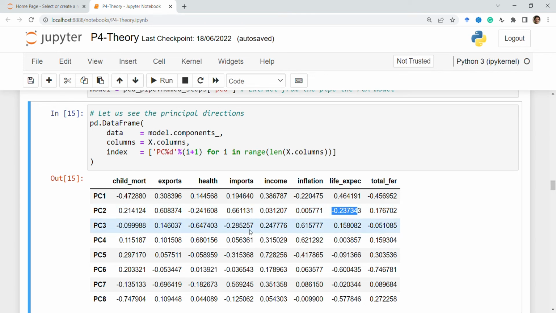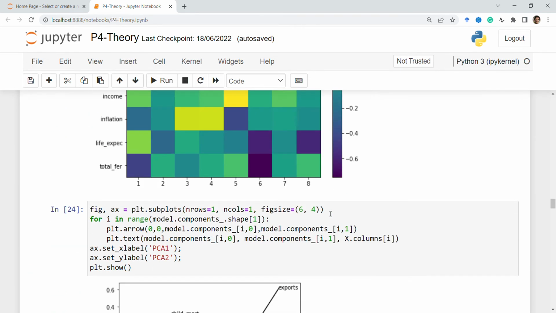And then that is to project high. To project low, you need low exports, low imports, and then on the other side, high health and high life expectancy. So not high, but above the average.